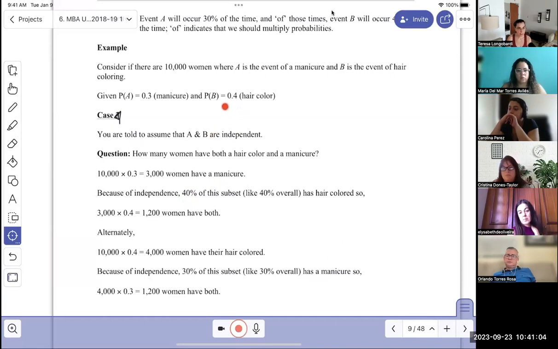So I still get to use this 40%, even though I've gone to a subset of women, which again is not necessarily the case because they've already spent money. They don't want to get their hair done as well. It's going to be less. But if they're independent, you just multiply by 40% and you see 1,200 women.